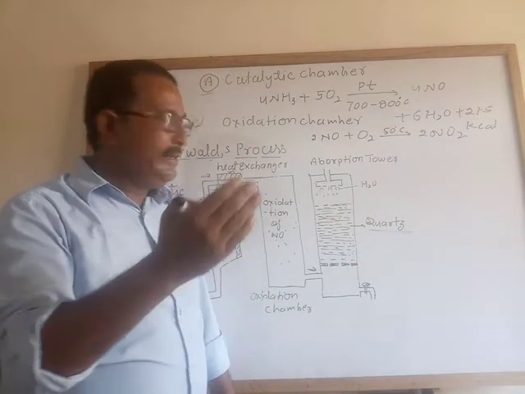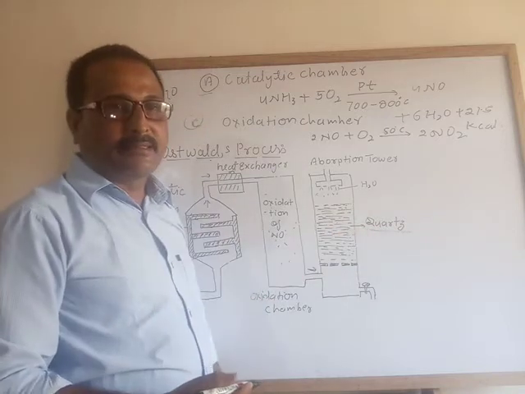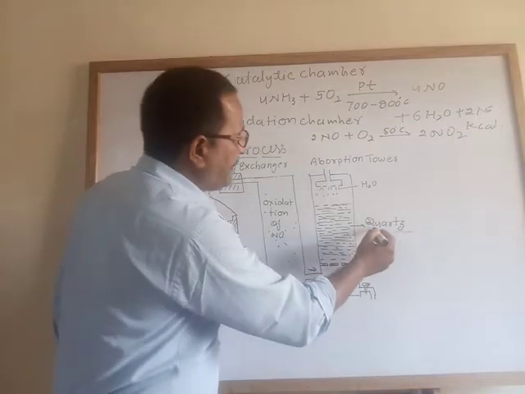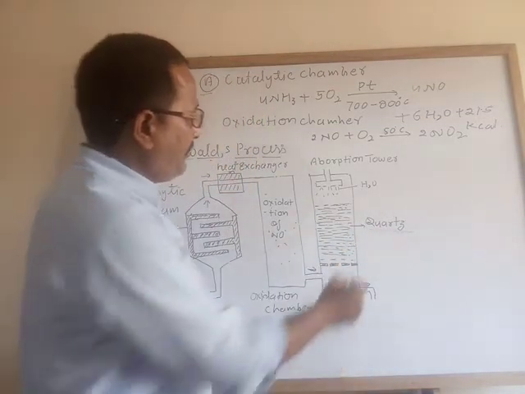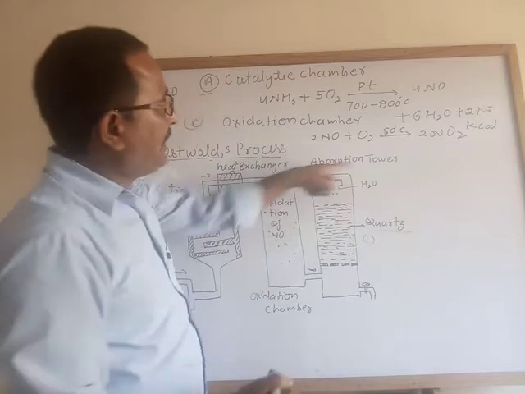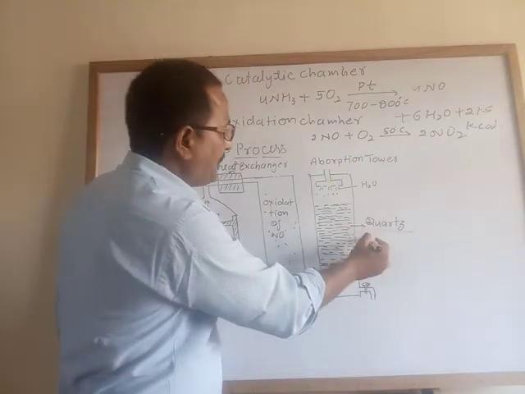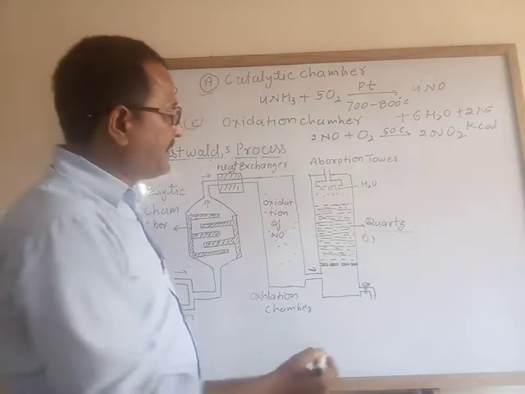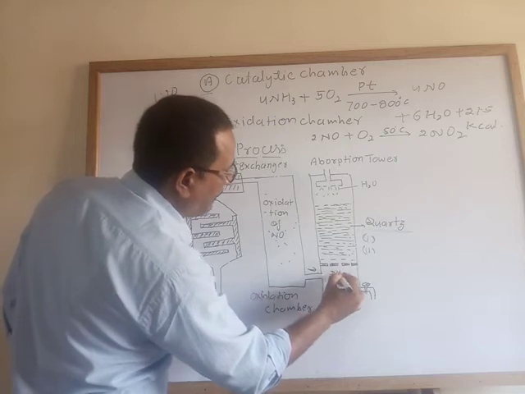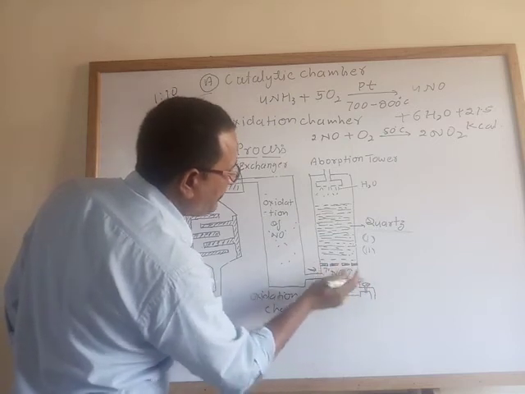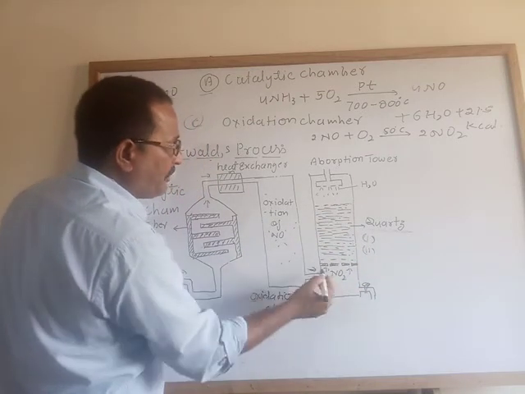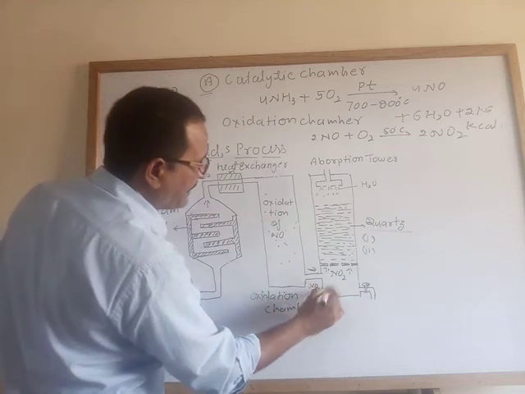It is acid resistant. You know what resistance is in physics, you have already studied it. First use of the quartz in this absorption tower: it is used as an acid resistant. Second, it slows down the movement of the nitrogen dioxide, because the nitrogen dioxide enters the absorption tower in the gaseous state.